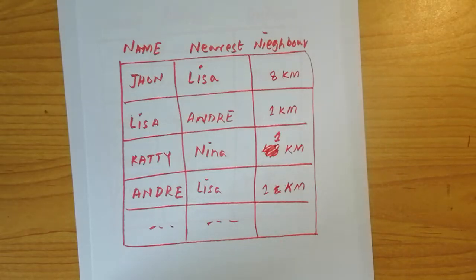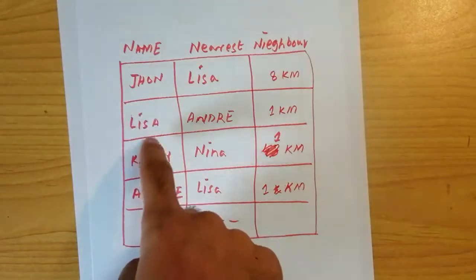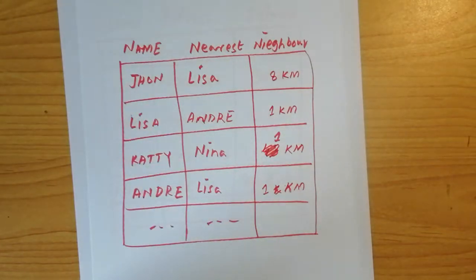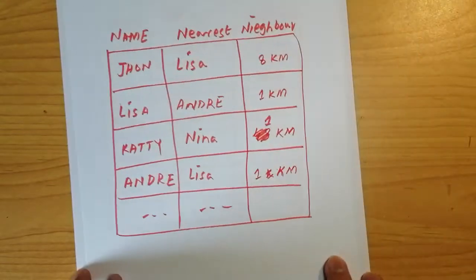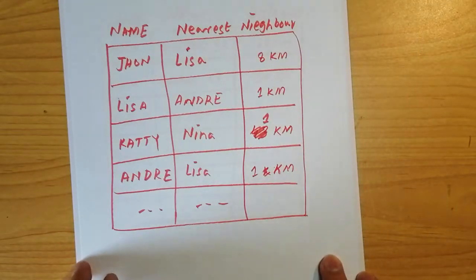And that way, with this list, people can quickly know which person is closest to them, or who is the nearest neighbor of, for example, John, Lisa, Katie, and so on, right? Rather than going through all the list, now we have this new list which contains this summary information.